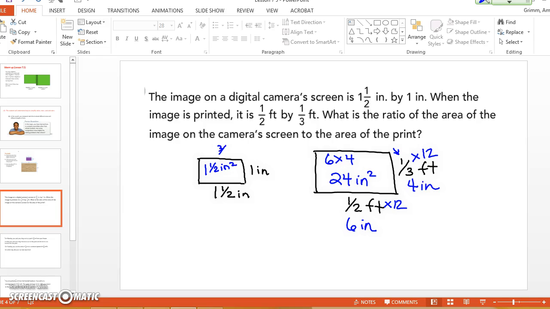Or if you want to say 3/2 inches, either way. Now, it said ratio, which is why we knew it had to be in the same units. It said area. The magic word is right here. So we want the area of the image on the camera screen, which would be this one. So 3/2 divided by the area of the print, which is 24.